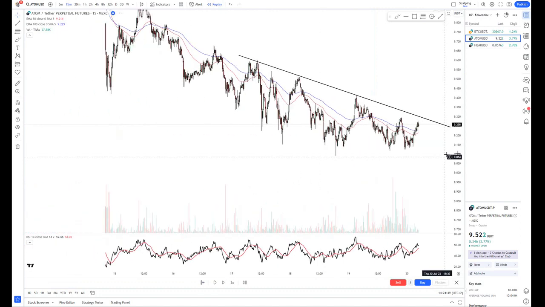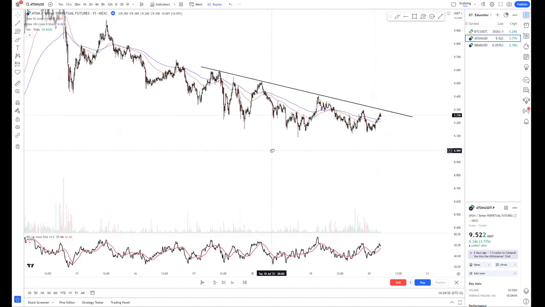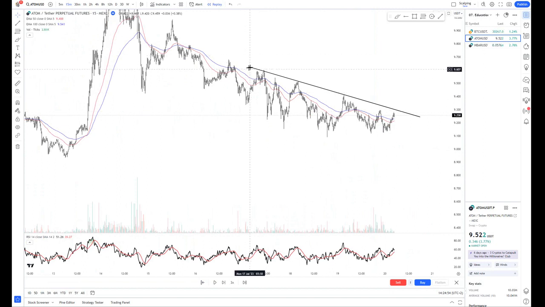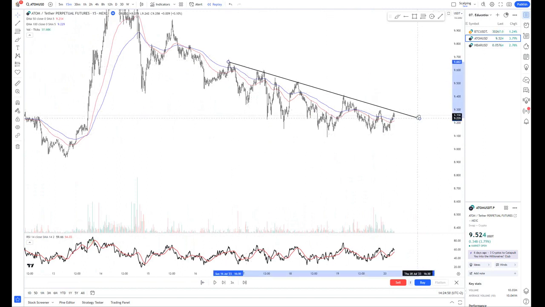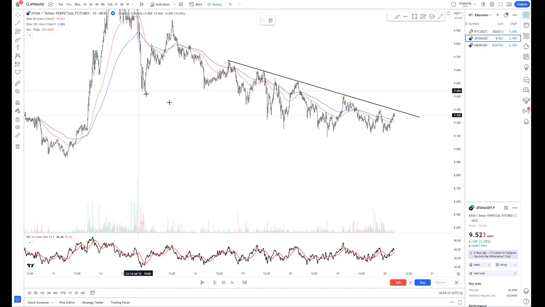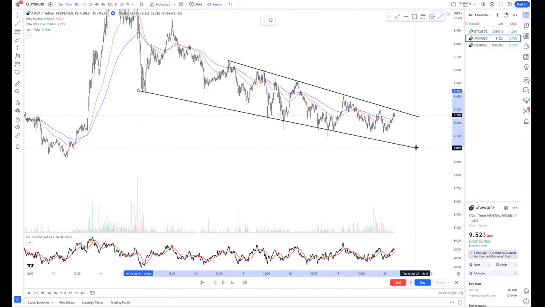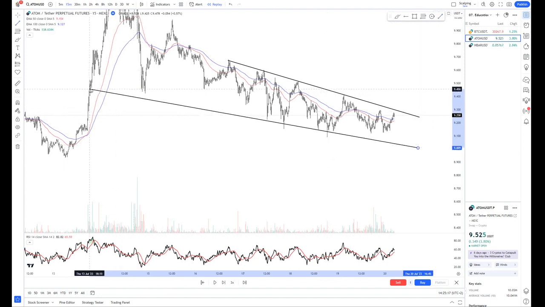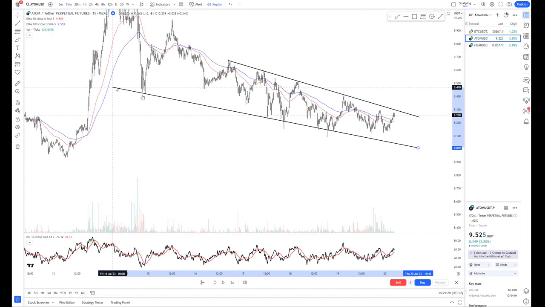So again, you can zoom out. You could say this is a bullish falling wedge. Sorry, this one from here to there. Use even that one.